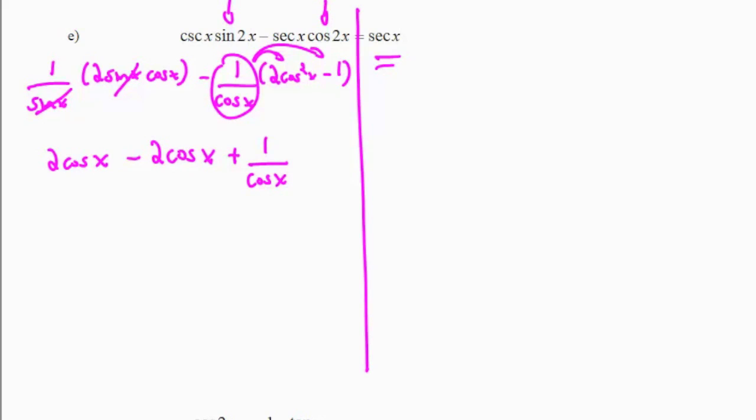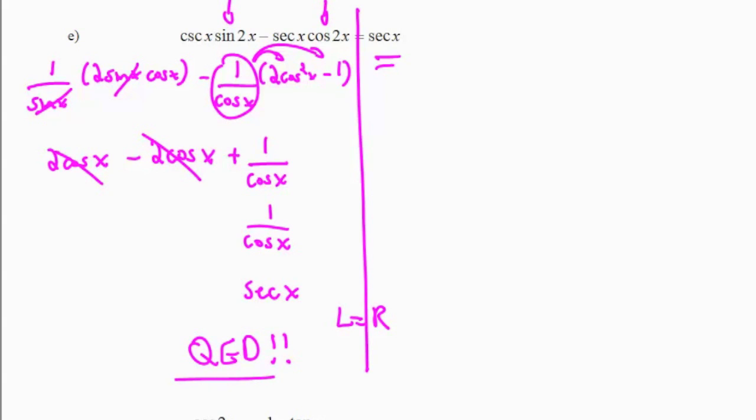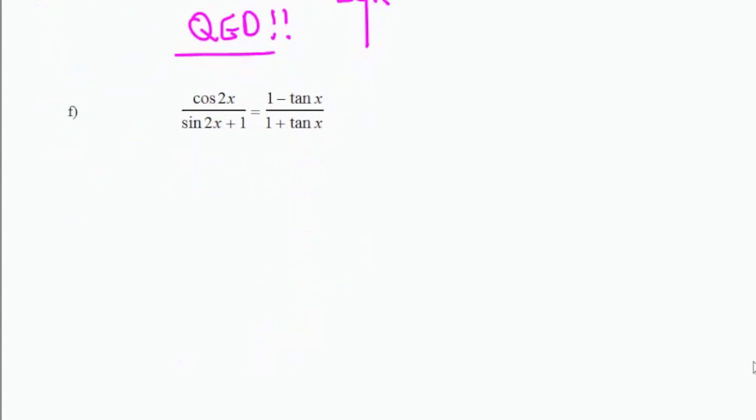And then we have a subtract a negative 1 times a negative 1, so we get plus 1 over cos x. Sweet. Look what happens. 2 cos x, subtract 2 cos x. Nice. What are we left with? Just 1 over cos x. Hey, guess what? That equals secant of x. Yay, left equals right. QED. We are just rolling through this today.